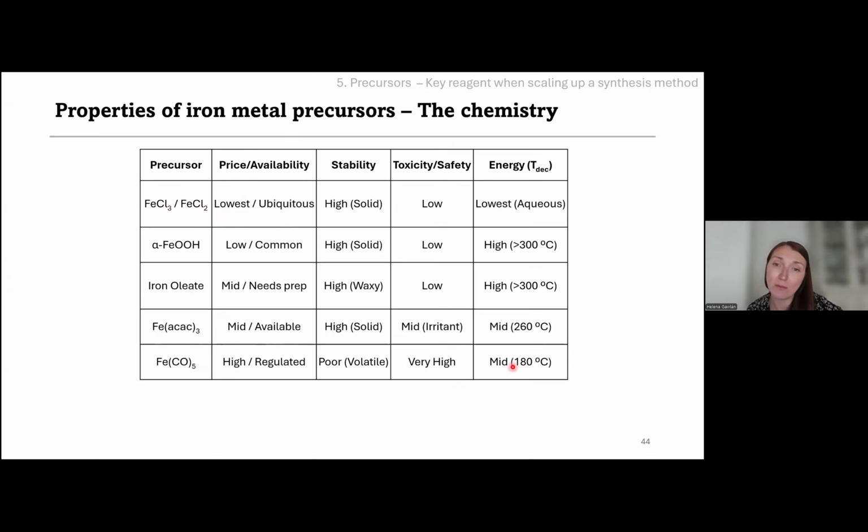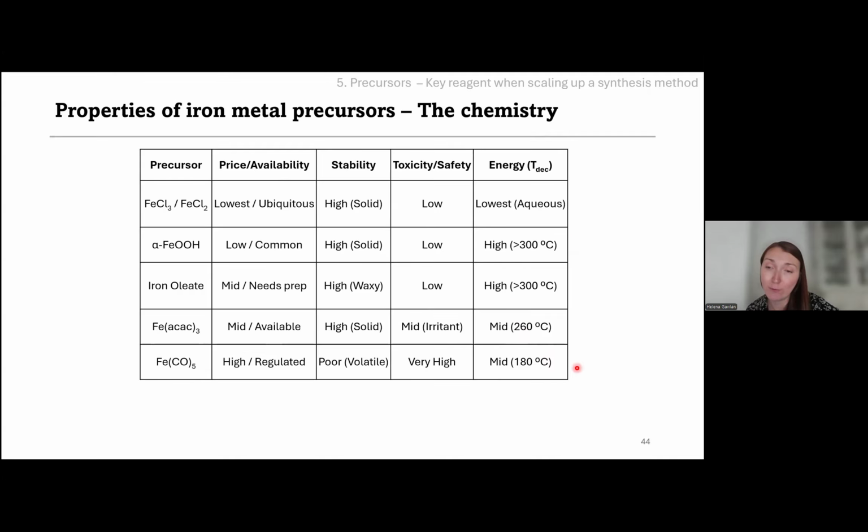So this also must be taken into account when scaling up any methodology. Also, the decomposition temperature. In the case of iron pentacarbonyl, it is true that this is lower, and this is why it's still being used. It's very convenient.